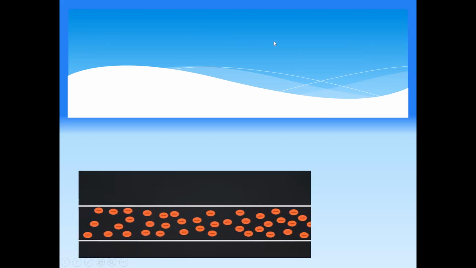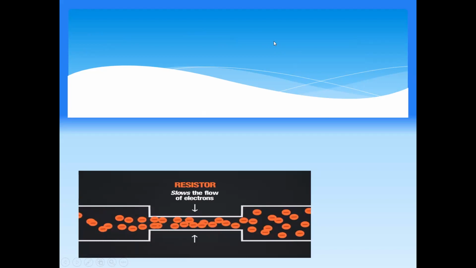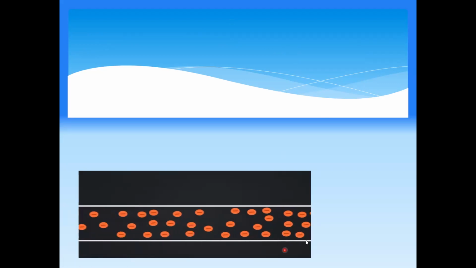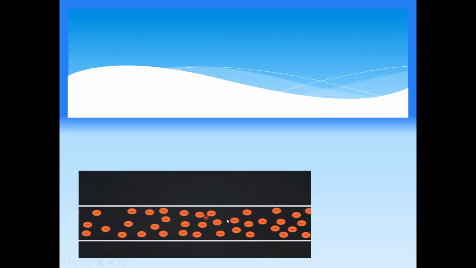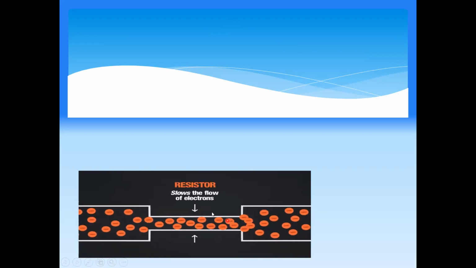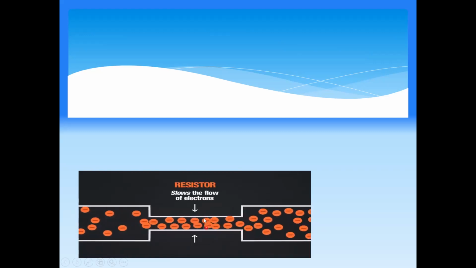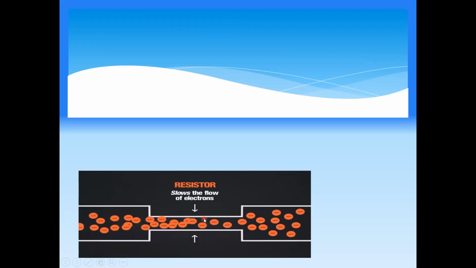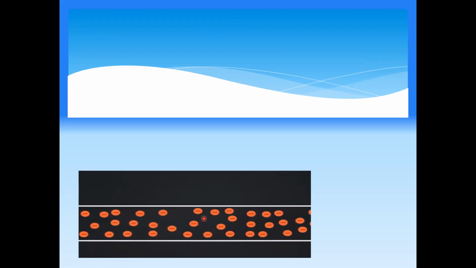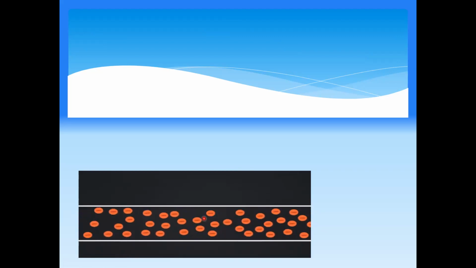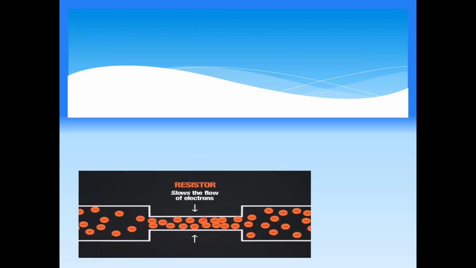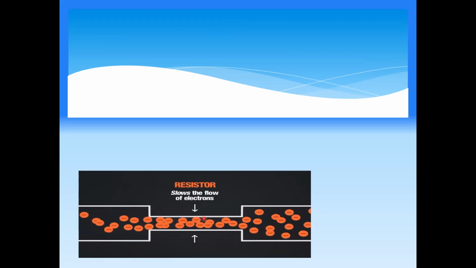For example, as you can see in the beginning, the charges were flowing through. So charges are passing through the wire. But when we try to stop the charges from flowing, or try to slow them down so they cannot move easily, what we call this characteristic, or this property, is resistance.